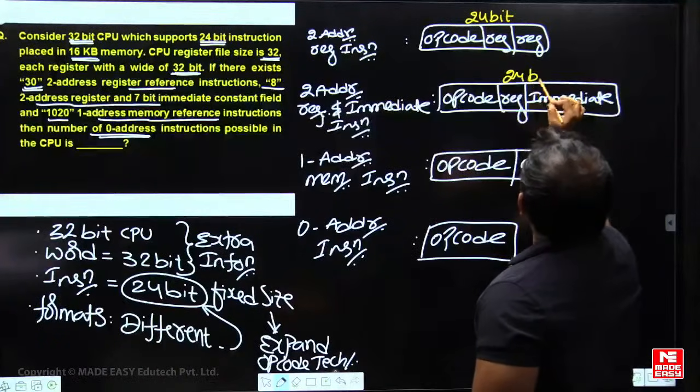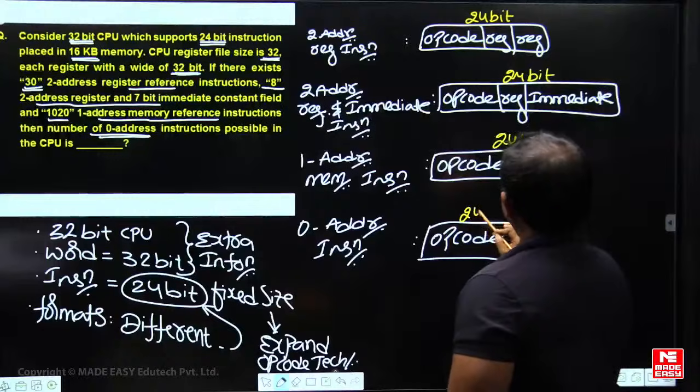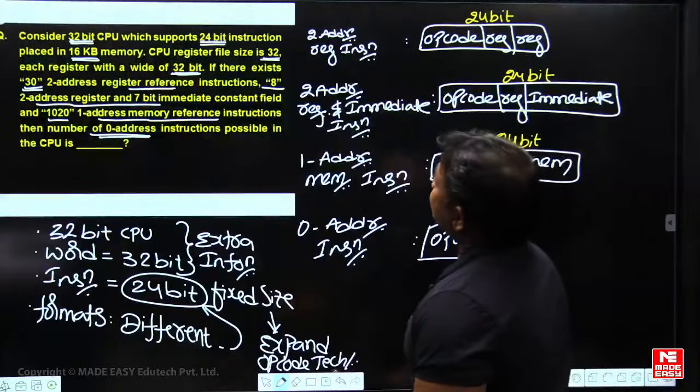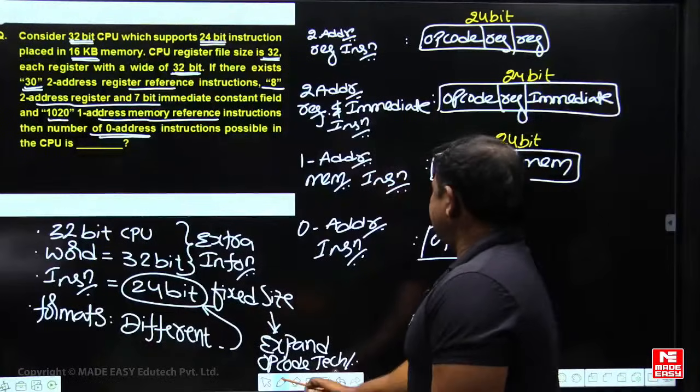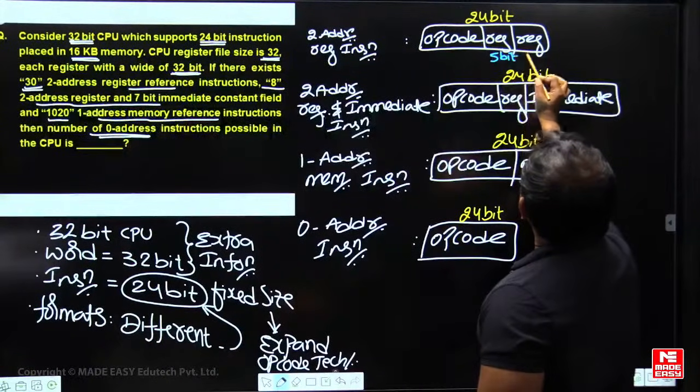All the instructions are the same, 24 bits. So register, how many? 32 registers are there. 32 registers, this is 5 bits.